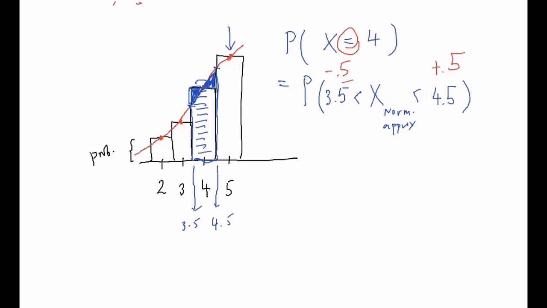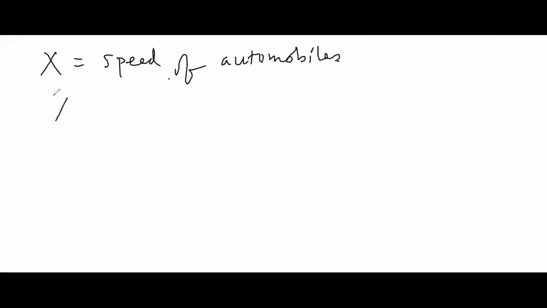Okay, let me just clear this first. So now here the information given is, let's say x is the speed of automobiles. Your x is normally distributed with mean 88, but the variance is not given, but we just note it down like this.